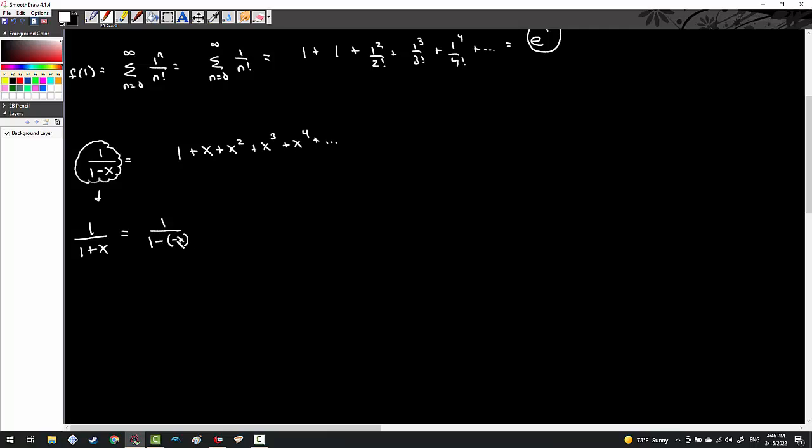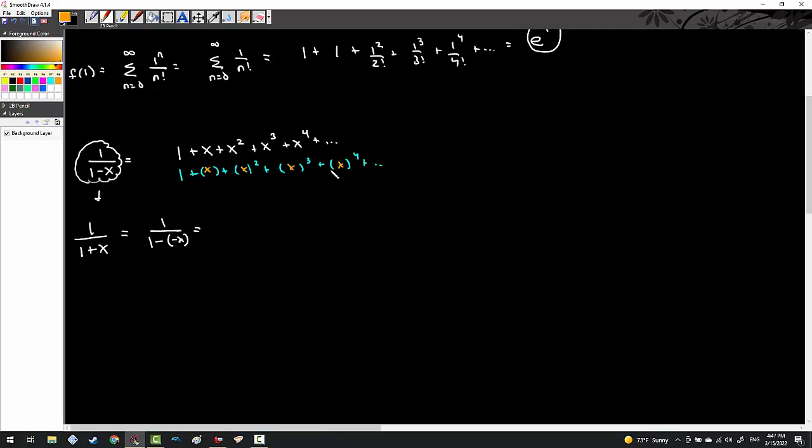Hopefully you notice that the negative and the negative would become a positive, so I haven't really changed the expression that much. And remember, this top expression was really 1 plus a thing, plus a thing squared, plus a thing cubed, plus a thing to the 4th, plus dot, dot, dot. It just so happens that every time that thing was an x.